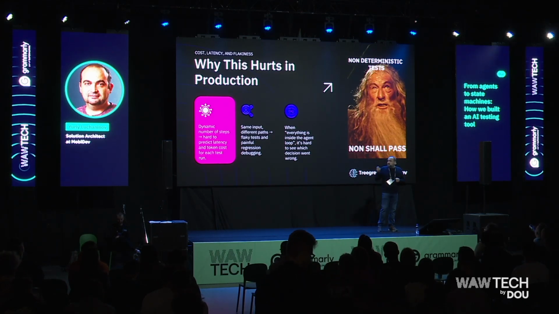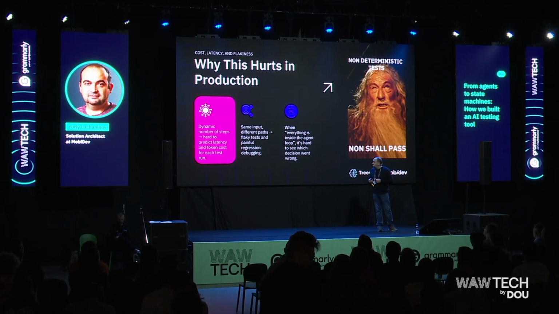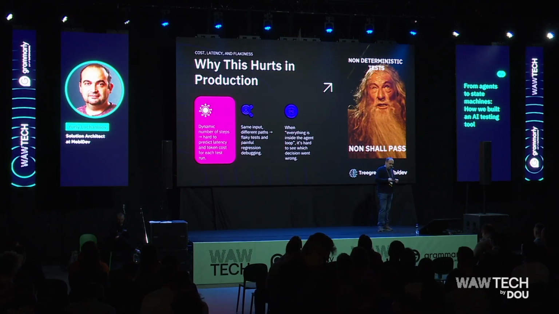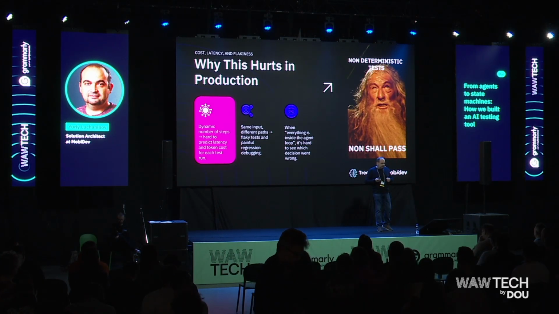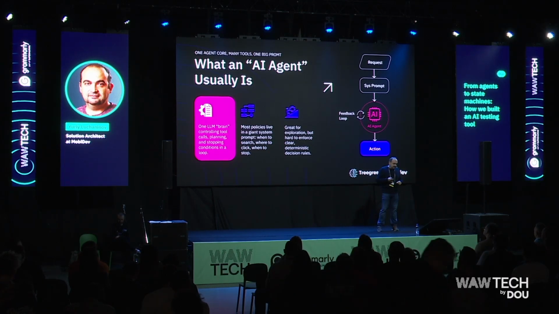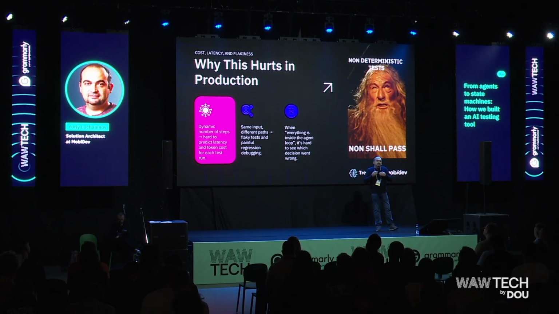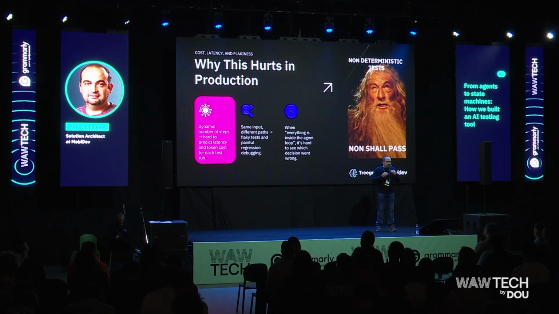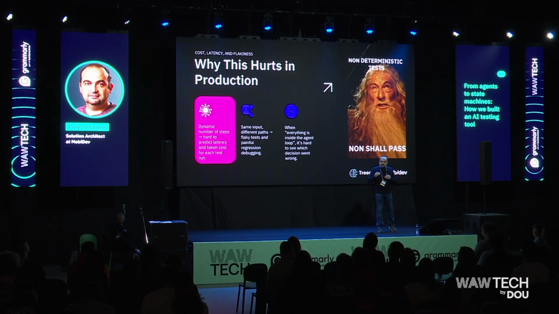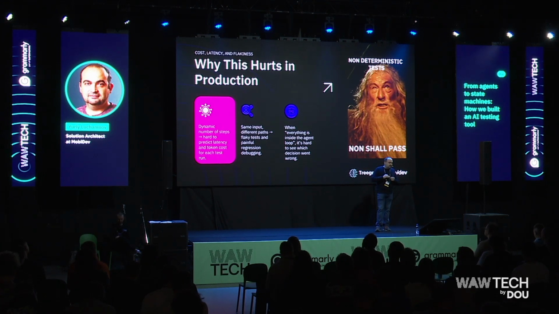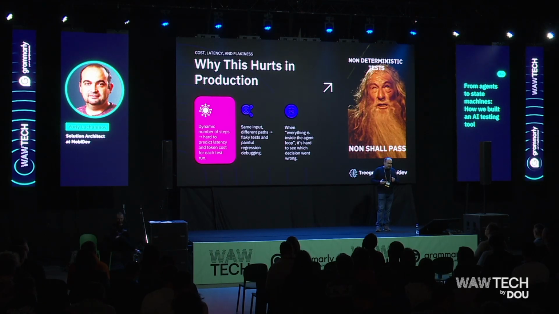And the next problem could be related to the previous slide, the system prompt. When we try to change even a couple of words in the system prompt, it could lead to absolutely unpredictable results.